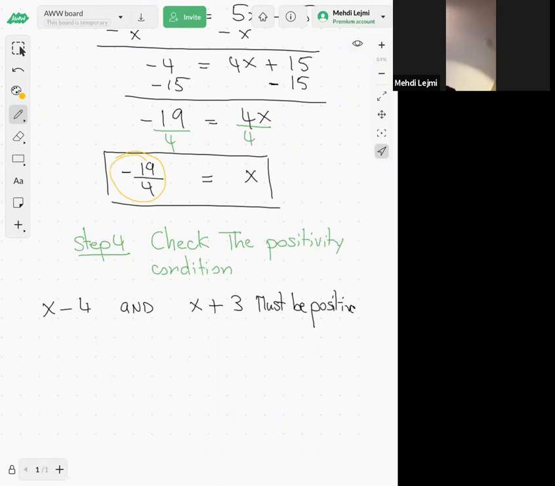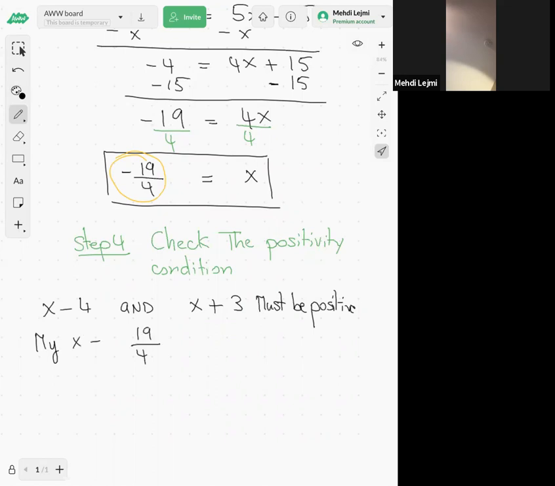So I have to check that for such value of x, if you subtract 4 or if you add 3, then it's positive. Now my x is negative 19 over 4.